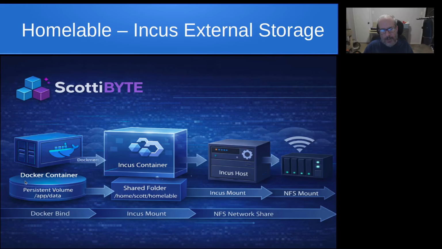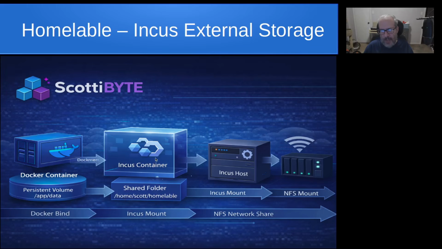So here what we have on the left-hand side of the diagram is a Docker container. And that Docker container is going to be nested inside of an Incus container, which I do very frequently. But this Docker container also has persistent volume data. In this particular case, it's in /app/data. And that's going to be mapped to a folder out on the Incus container itself in /home/scott/HomeLabable.